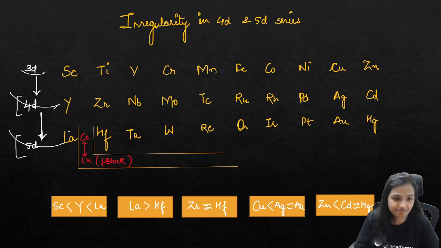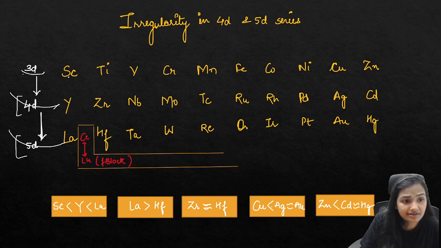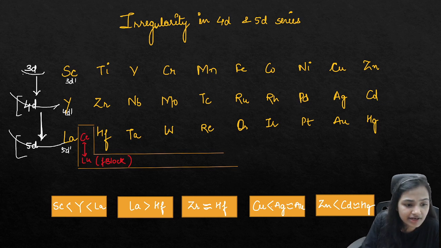Let's have a look. Guys, when you move from Sc to Y and La, we know that this is 3d1, this is 4d1, and this is 5d1. So yes, there is an increase in size. Sc to Y to La, there is an increase in size. Got it?